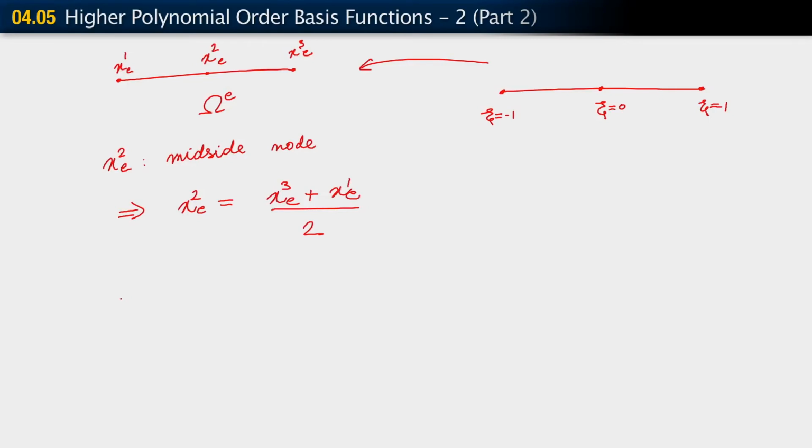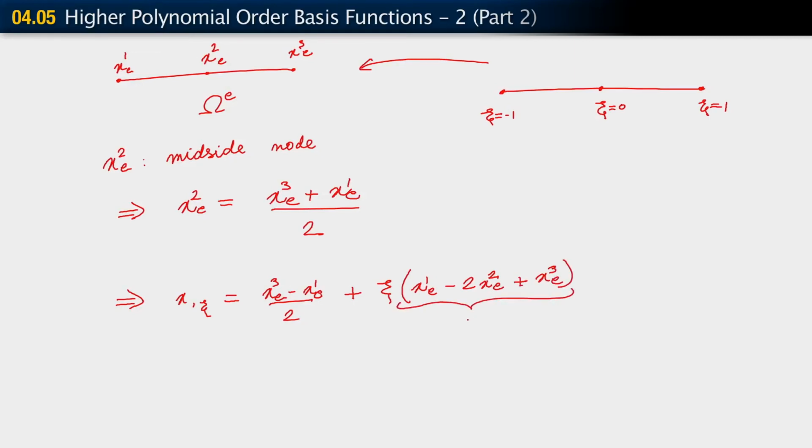But then this implies that in our expression for x,ξ, which equals (x3e minus x1e) divided by 2 plus ξ times (x1e minus 2x2e plus x3e), the second term is equal to 0 because of that result.